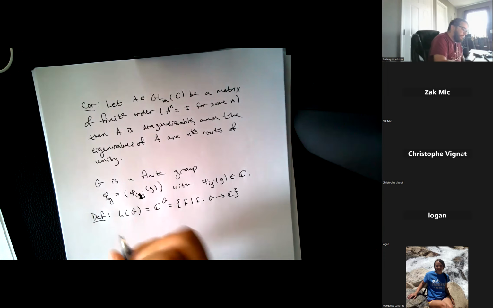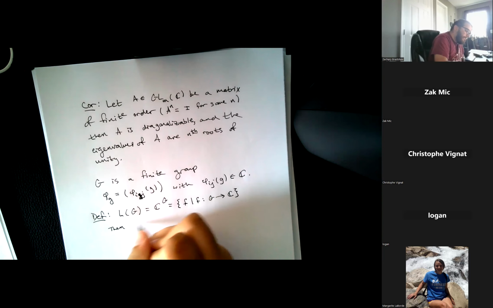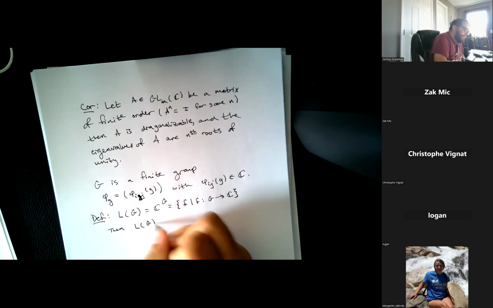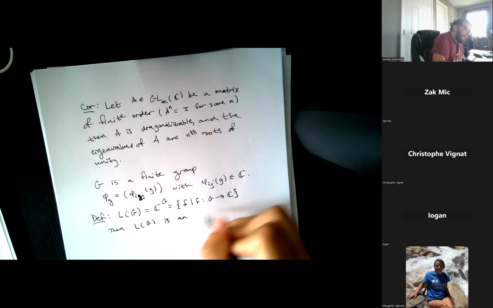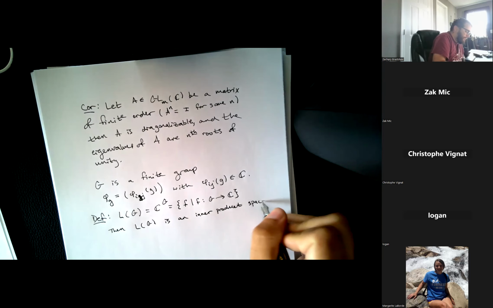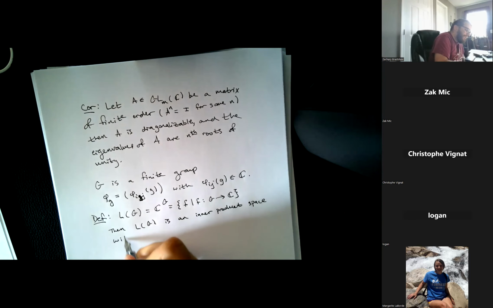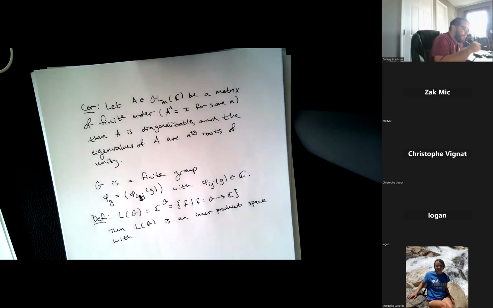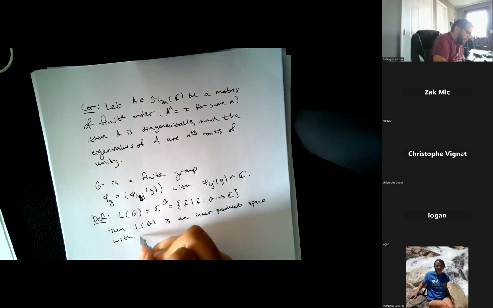Then L of G is an inner product space. Yes, we did indeed prove this. We proved this in the linear algebra lecture, which I think was the third one.